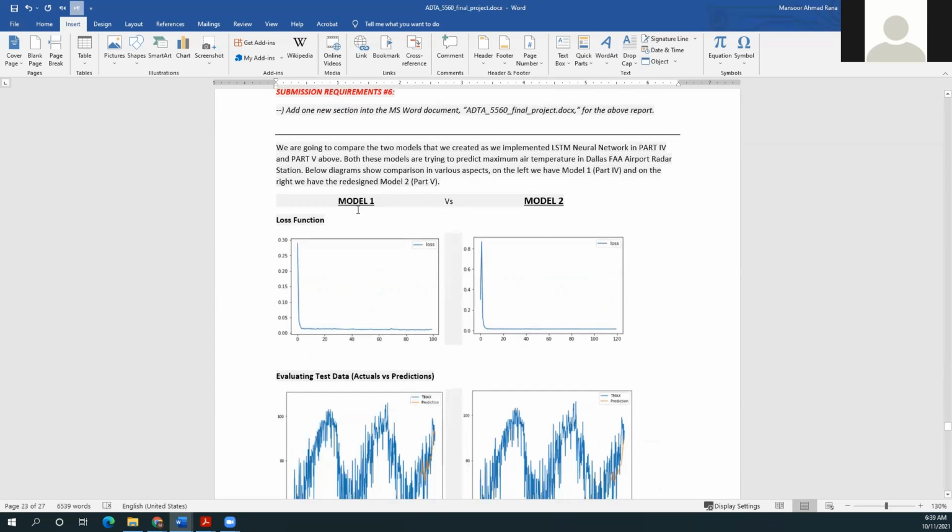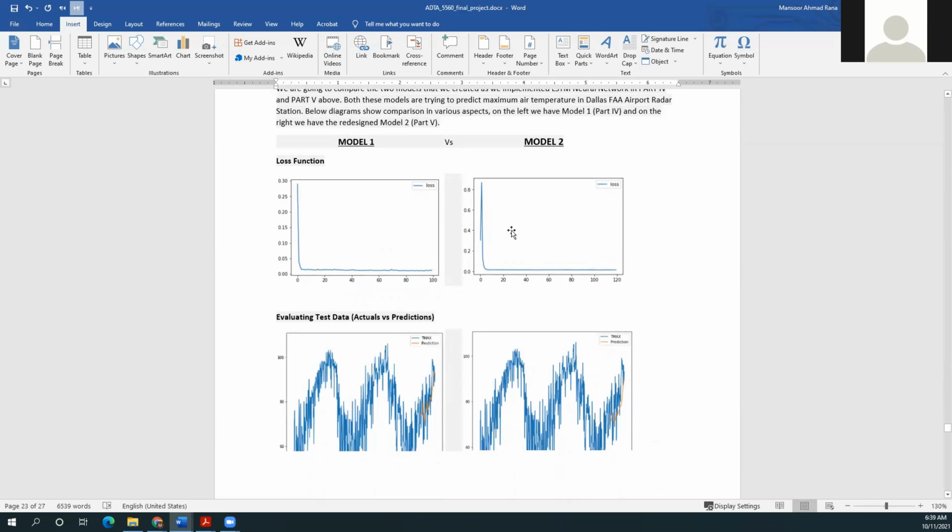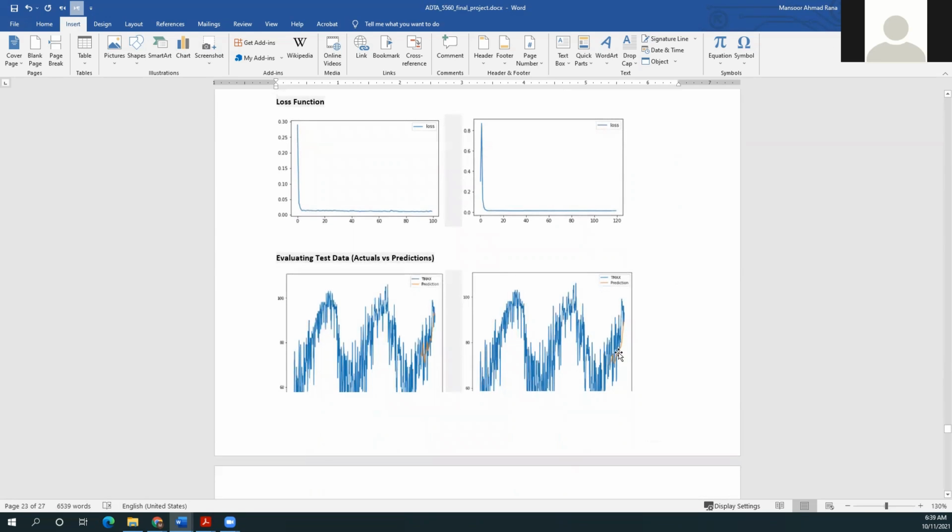Model 1 is part 4, the first model that I created, and model 2 is part 5. We see that the loss function is pretty similar. The trends are pretty similar, although model 1 is fluctuating more, which is closer to the actuals. Here we are fluctuating less, but still it is similar.